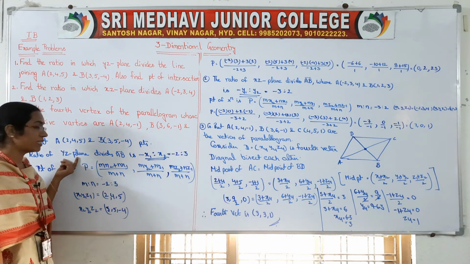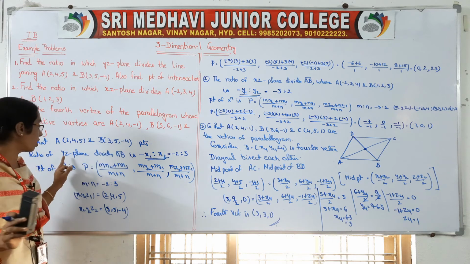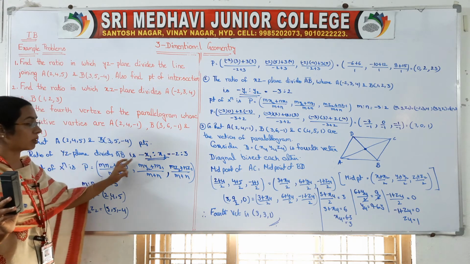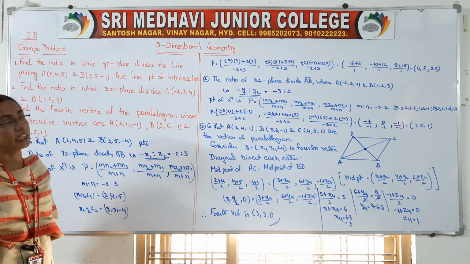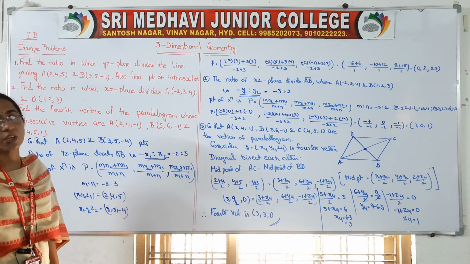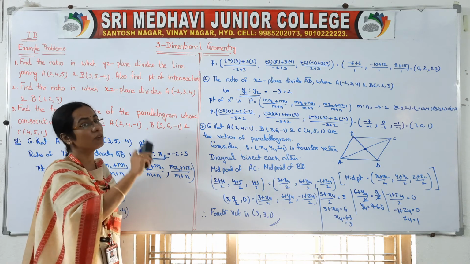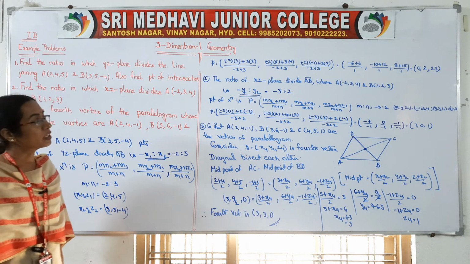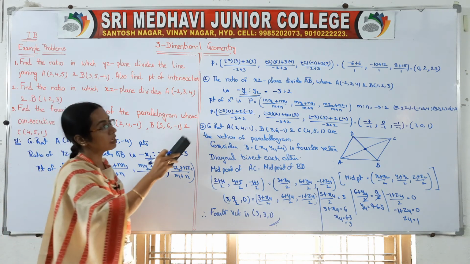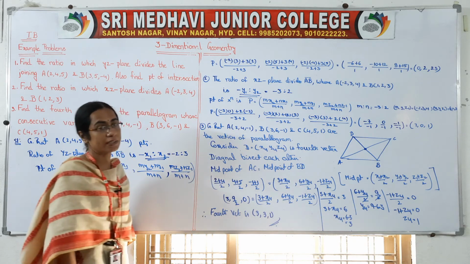Here, for the yz plane, not y coordinate, not z coordinate, your formula is in terms of x coordinate. Like that you can remember. Okay. Once we got the ratio, you find out the point of intersection. Using the point of intersection formula, substitute, and you will get your answer.